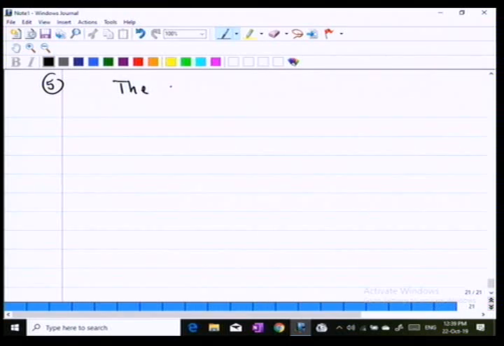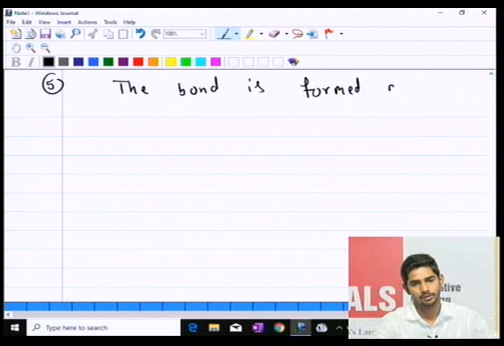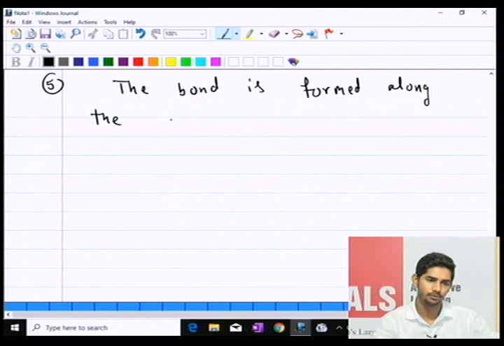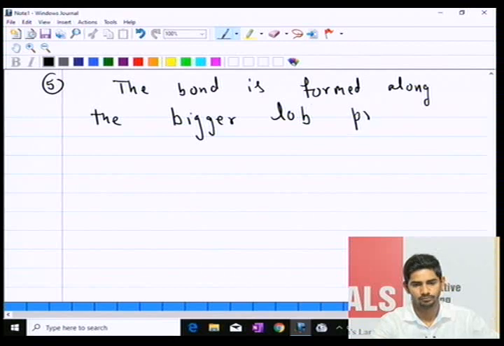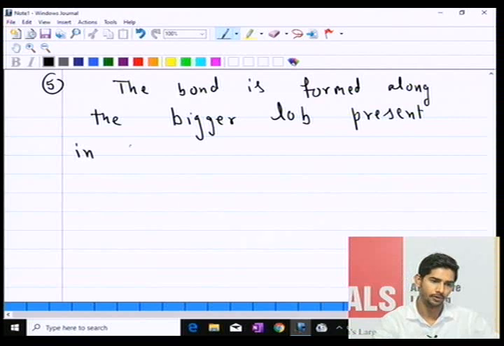The bond is formed along the bigger lobe present in the hybrid orbital.